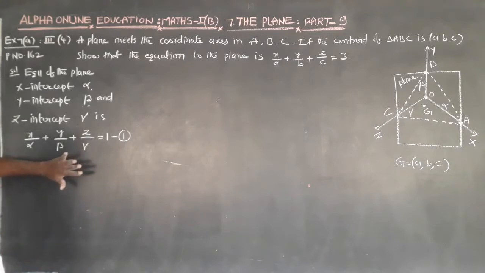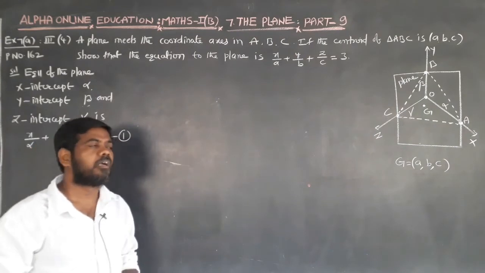Here we find the values alpha, beta, gamma.